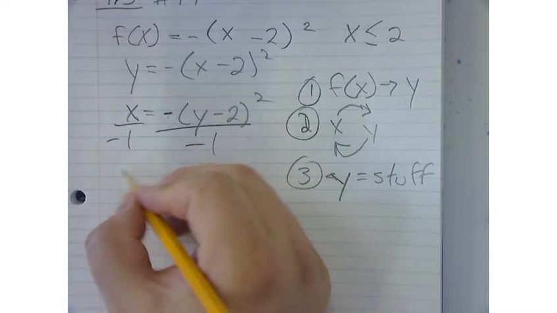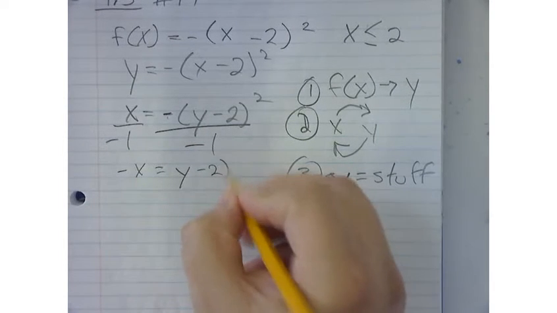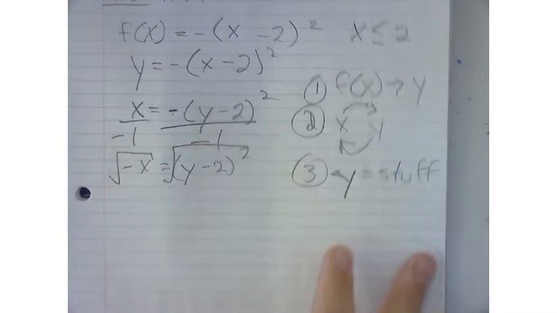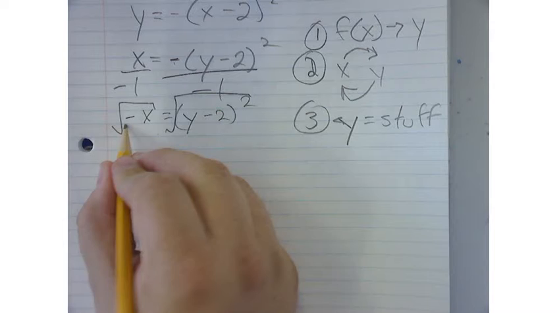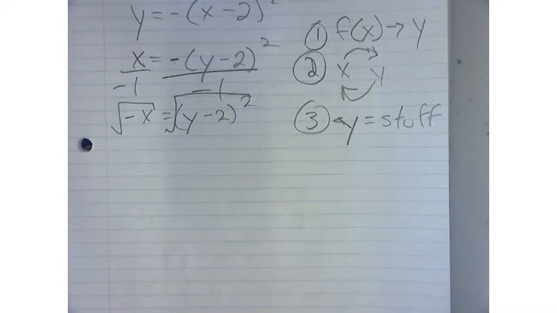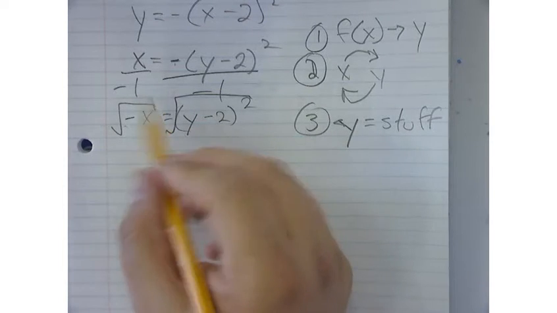And that gives me negative x is equal to (y minus 2) squared. And then I'll take the square root of both sides. Now I'm not real worried about having the square root of a negative x at this point. Can you put the negative on the outside? No, because you have to take the square root of everything.